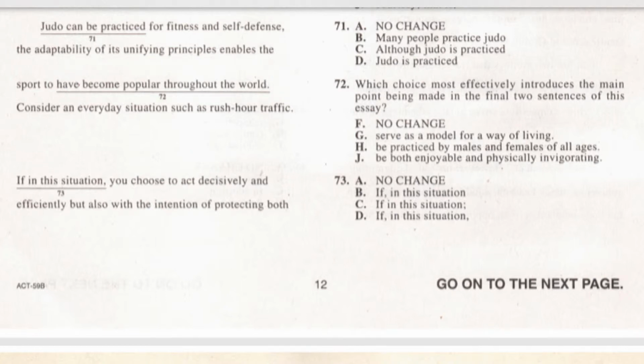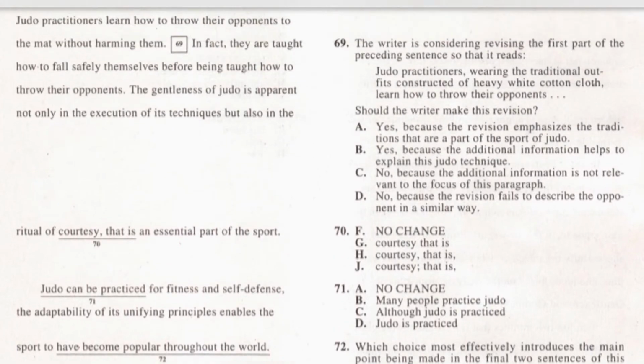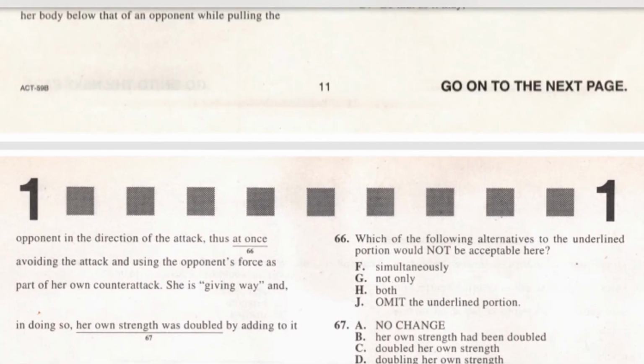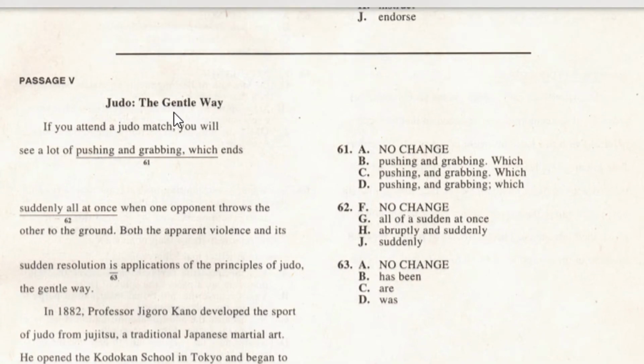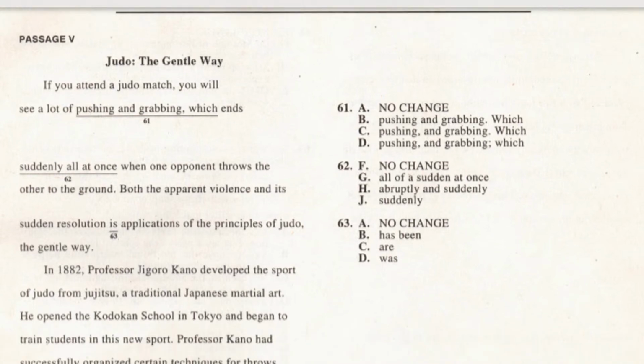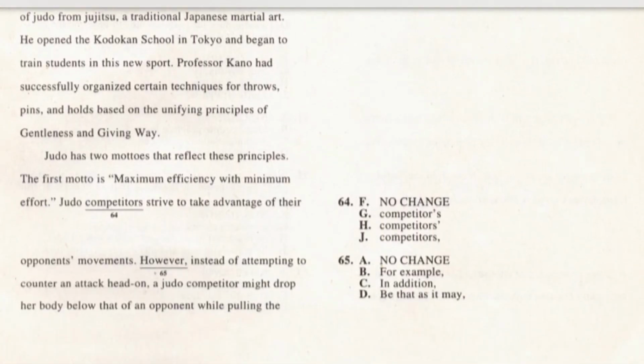So what I did is I came back over here and genius mapped the whole thing out. Let's take a look at the start. Title and topic sentences here. Judo is a gentle way. When you attend a match, you see people throwing others to the ground. How do you do it? In a gentle way. All right? And what is it? It's judo.